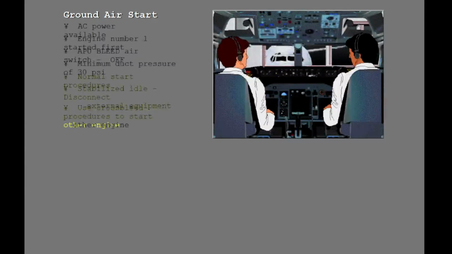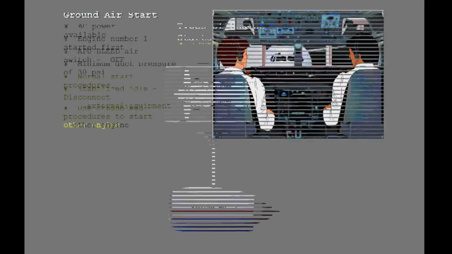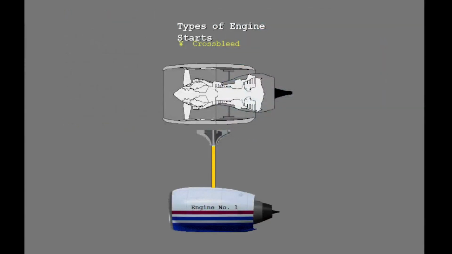Let's now look at a cross-bleed engine start. A cross-bleed start uses bleed air from the other engine. For today, we'll use engine number 1 to start engine number 2.